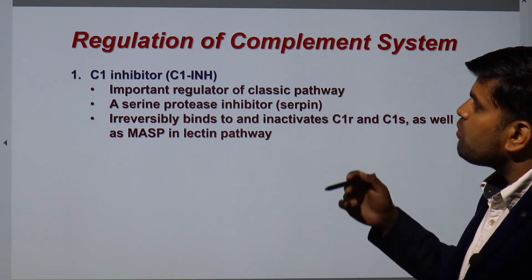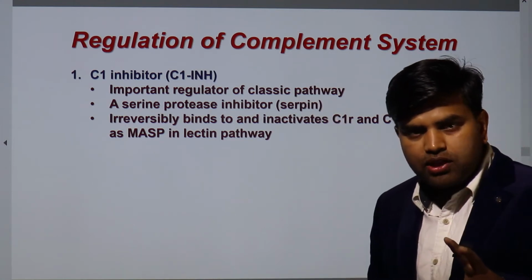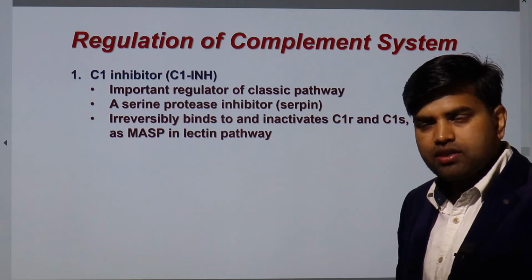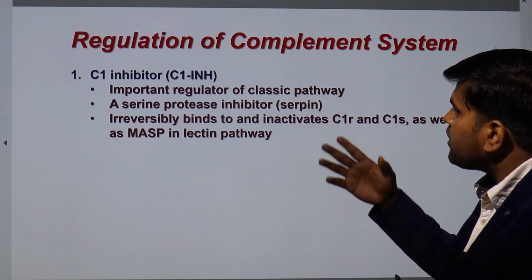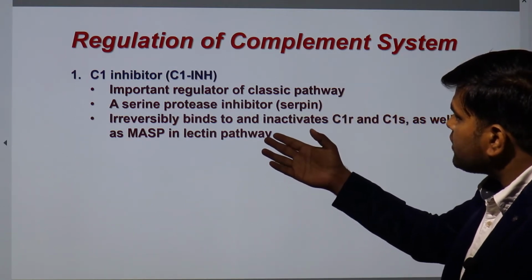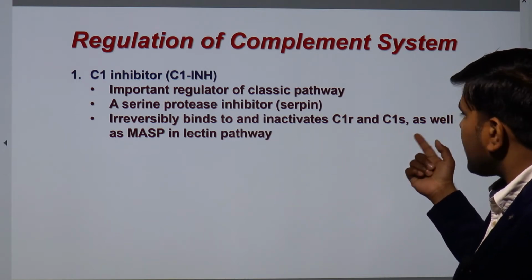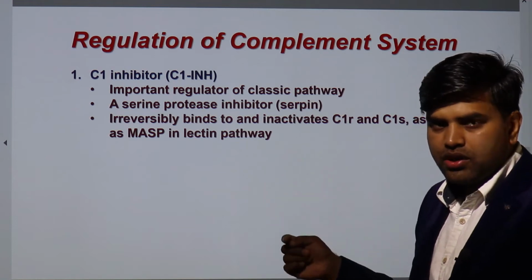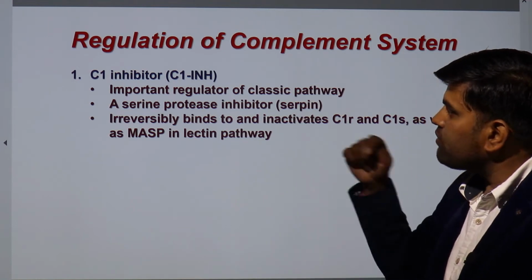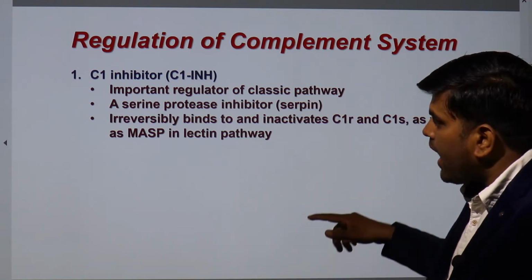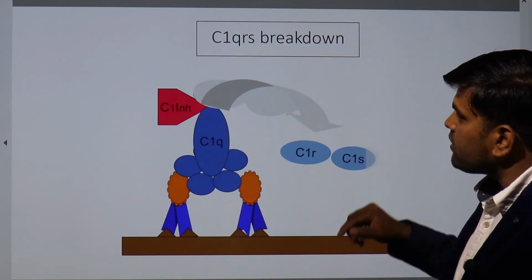Like if there is a C1 inhibitor, that is, the classical pathway requires C1qrs, and if that is inhibited, then this irreversibly binds and inactivates the C1r and C1s as well as the MASP in the lectin pathway. So both pathways will be activated if this C1 inhibitor is not there, and without any stimulus they are getting activated.